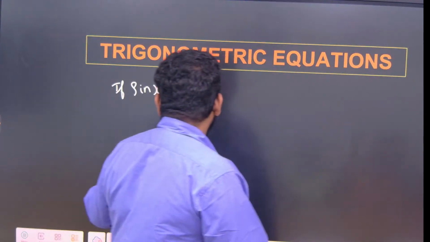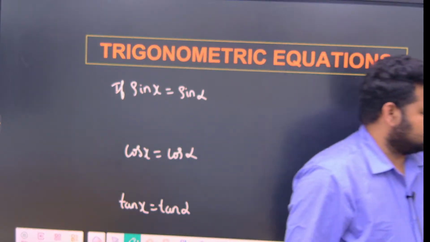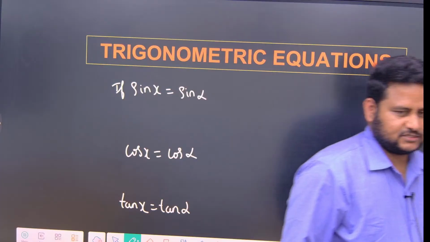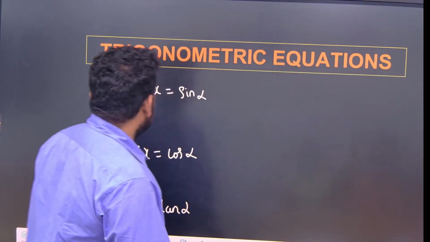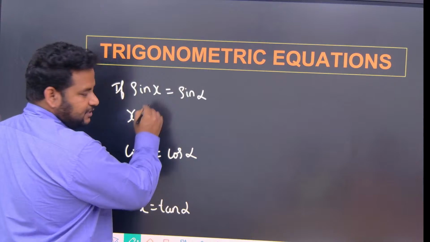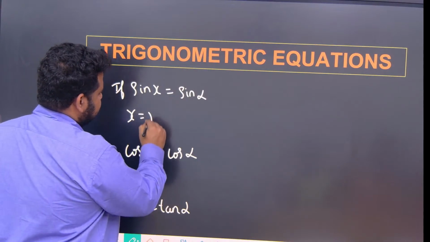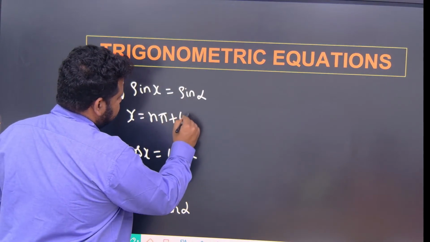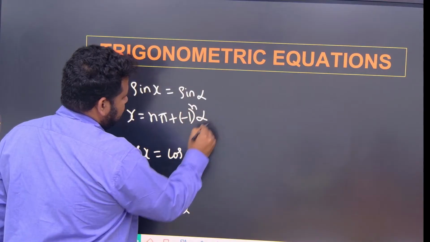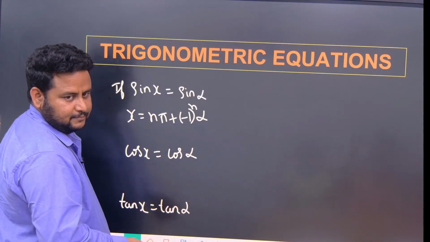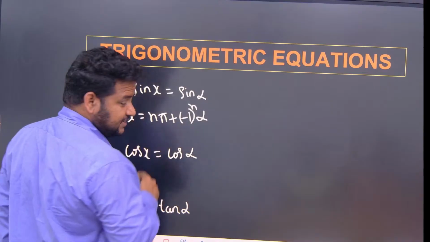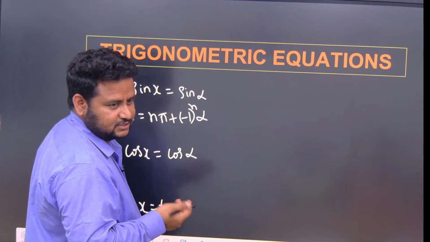So see here, if sin x is equal to sin alpha is given, then x can be written in general form, in trigonometric equation form, as n pi plus minus 1 to the power of n alpha, where n belongs to Z. Z is what? Integers, okay, good.